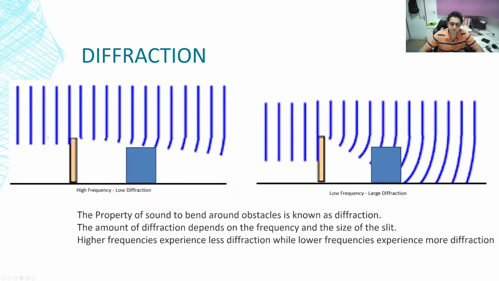High frequency sound almost passes in a straight direction with a little bit of diffraction, but low frequencies tend to bend around that upper corner, and they will hit the building and disturb the residents of the building. So low frequencies are always a big problem in acoustics. Low frequencies, I would call them, a headache in acoustics. Low frequencies are a headache in architectural acoustics. So this is about diffraction of sound.